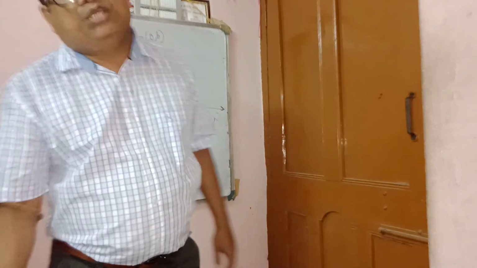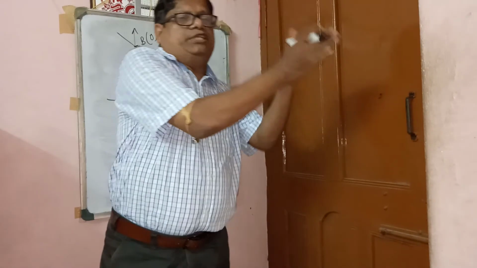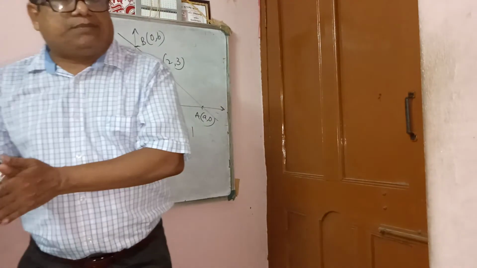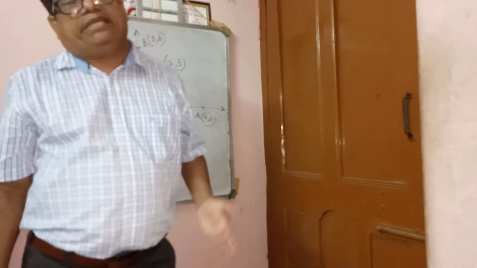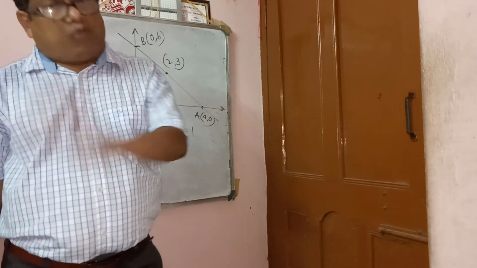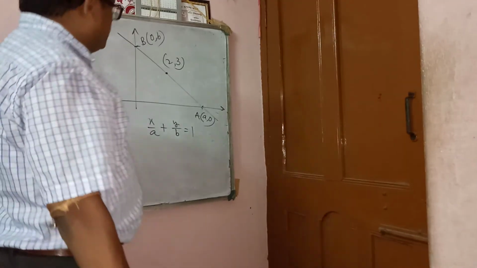A straight line which cuts the x-axis at the point (a, 0) and the y-axis at the point (0, b) has the equation x by a plus y by b equal to 1. Again I am reminding you of this.